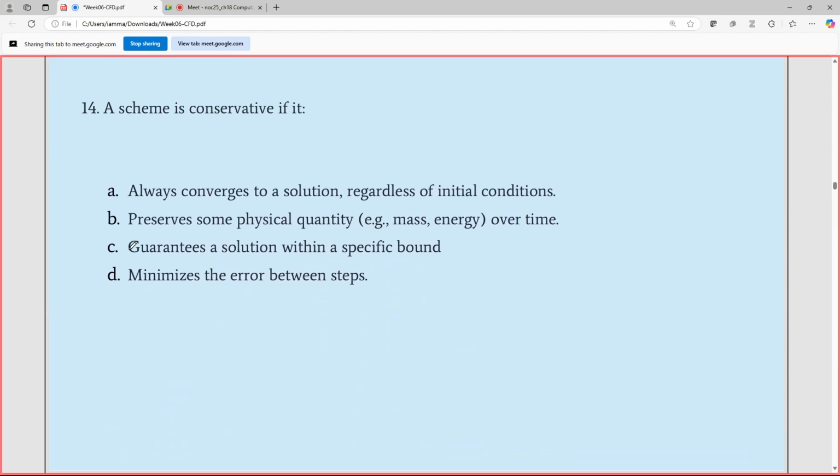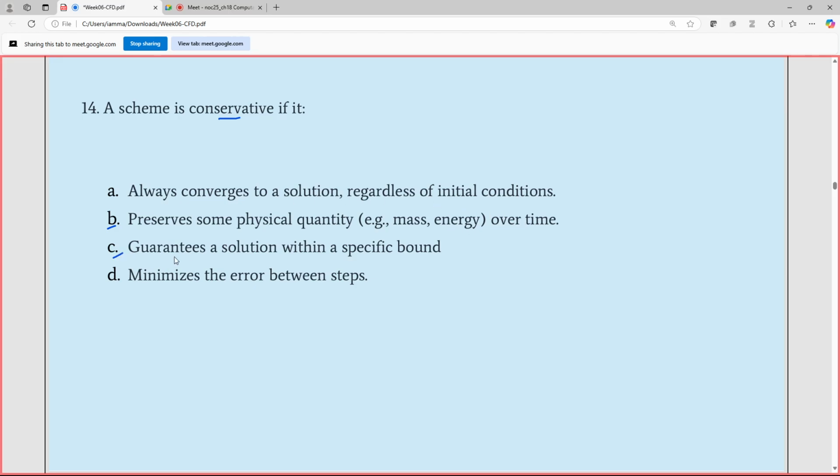Next question. A scheme is called conservative if it is, options are: option A, always converges to a solution regardless of initial conditions. Option B, preserve some physical quantity like, for example, mass or energy over the time.